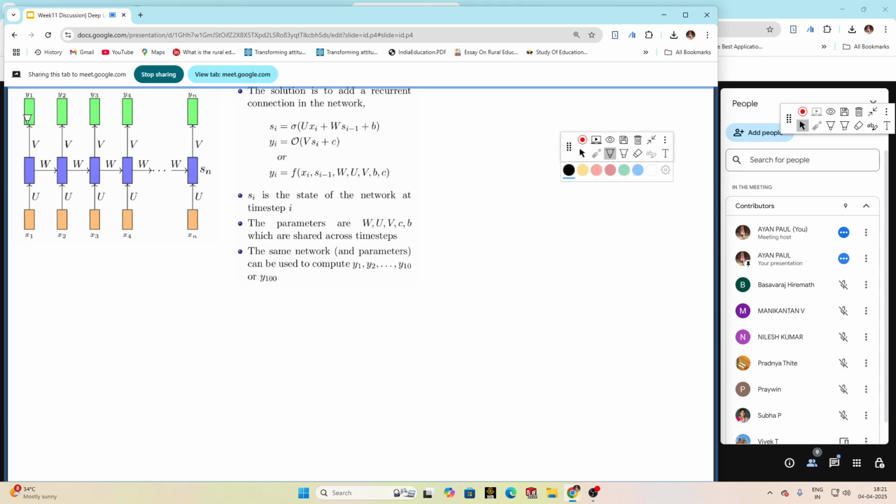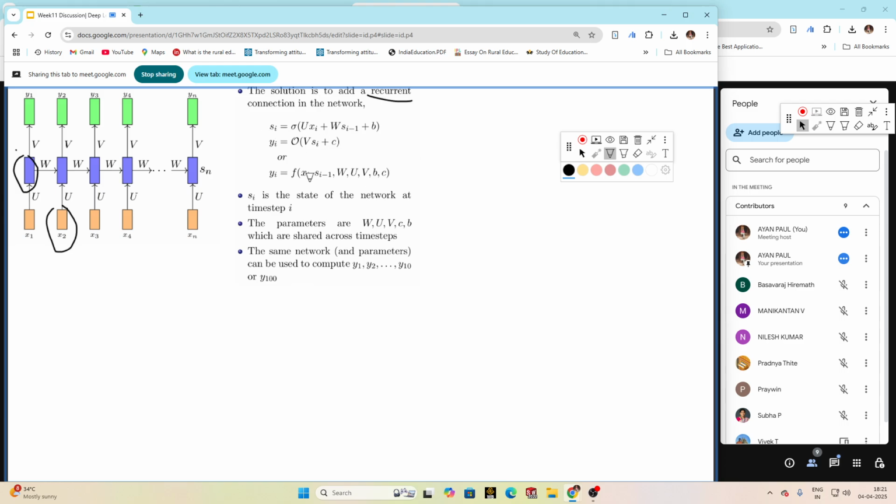But if we have a recurrent neural network, you can see this state is taking information from this x2 input as well as the previous state. That is why we have these weights between the two hidden states, that is w. So this type of connection is known as the recurrent connection. Previously in the feed forward neural network we had only forward connections, but here the connections are recurrent connections.